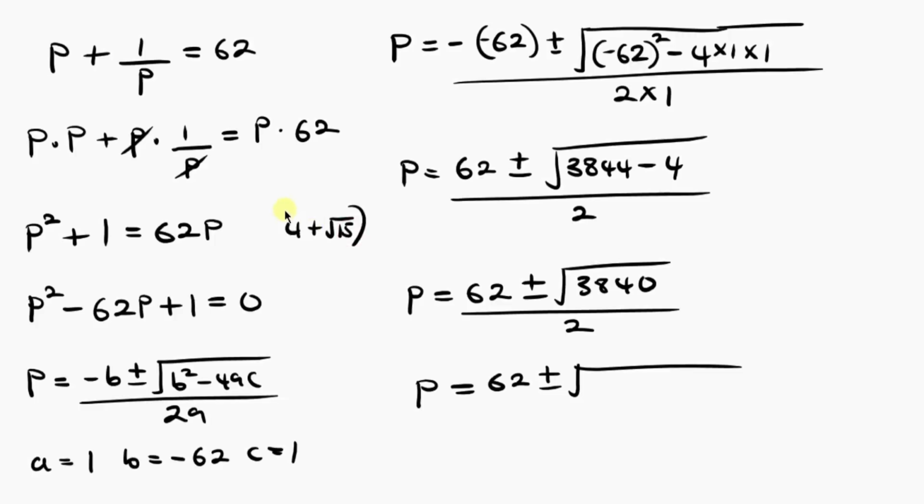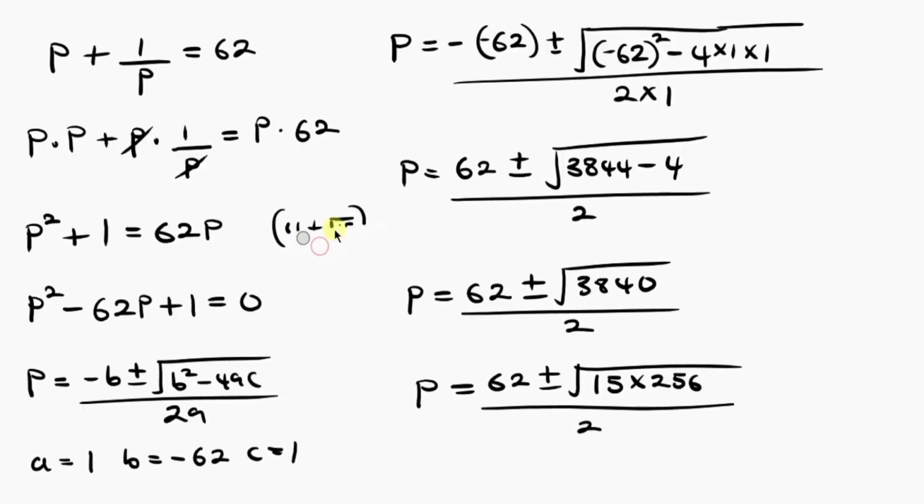What am I saying? I'm saying that the original question has a square root of 15, so we need 15 inside the square root. So that means 15 times what to give me 3840? What am I multiplying 15 by to give me 3840? Well, that is going to be 256. Very good. Now divide by 2 we have there.